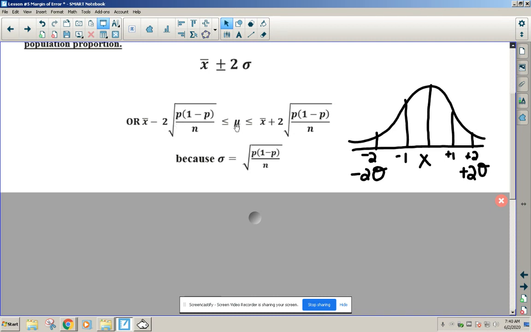And here's the population in the middle. And here's the mean plus 2 standard deviations. So this is just a scary way of saying this on the graph, and I don't want you to get confused by it. This and this mean the same thing. And this is the formula for calculating the standard deviation if they just give you a small amount of notes. They don't give you all the data to figure it out yourself.